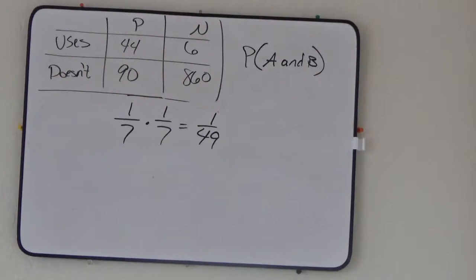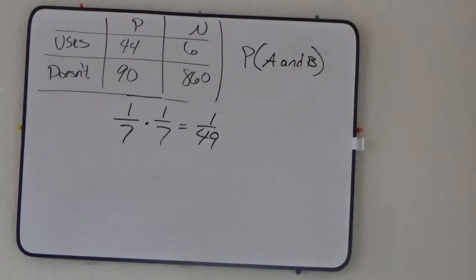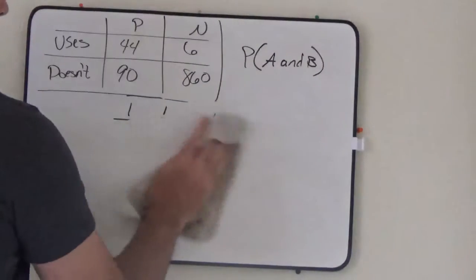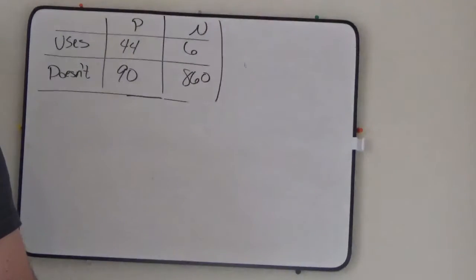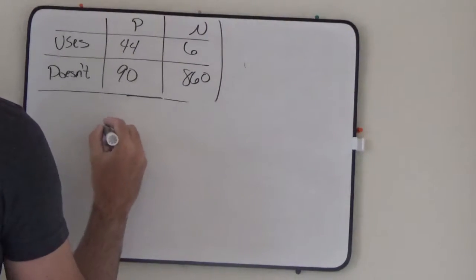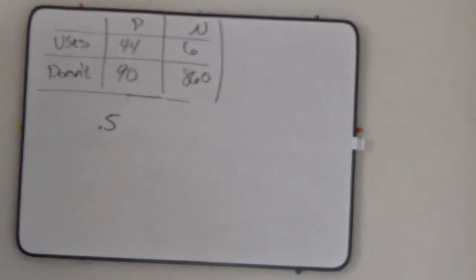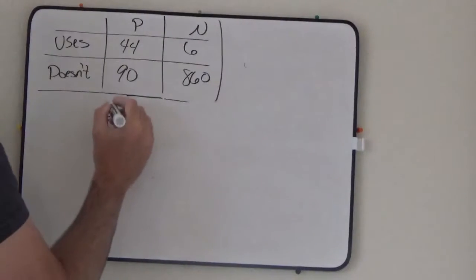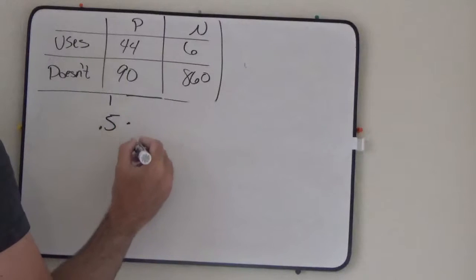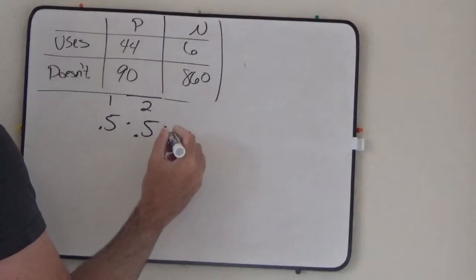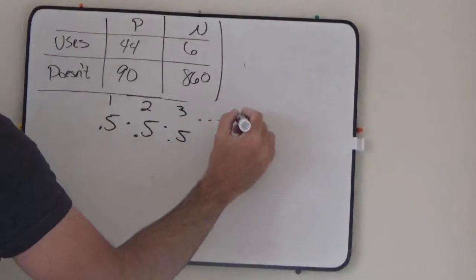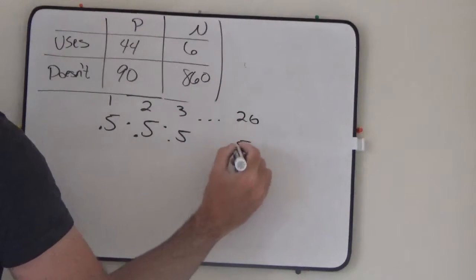When we're testing a hypothesis, we're first going to test it as if it has no effect on the result. That means we would have a 0.5 probability for all 20 kids. So the first kid would be 0.5 times 0.5 for the second kid times 0.5 for the third kid on down to the 20th kid, which would be 0.5.